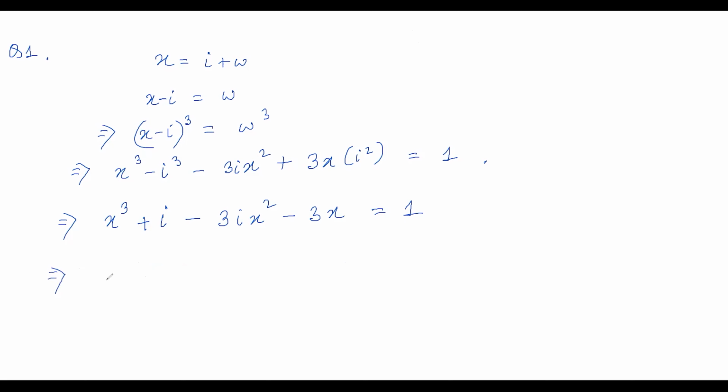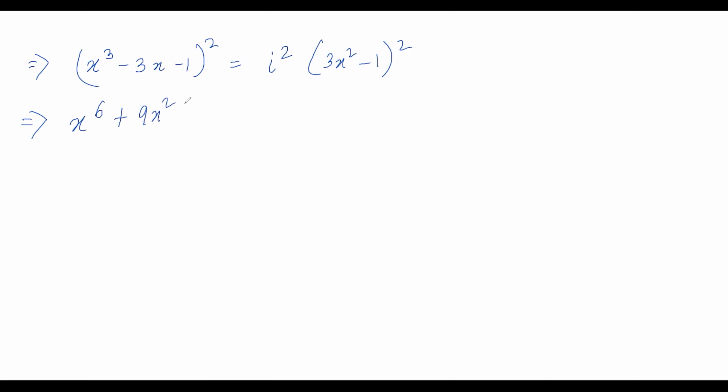So we get x cubed minus 3x minus 1 equals i times (3x squared minus 1). Now you see that we need a polynomial with integer coefficients, but we have i here. So that tells us to square both the sides, because if I square i, I would get minus 1. Let's square both the sides.